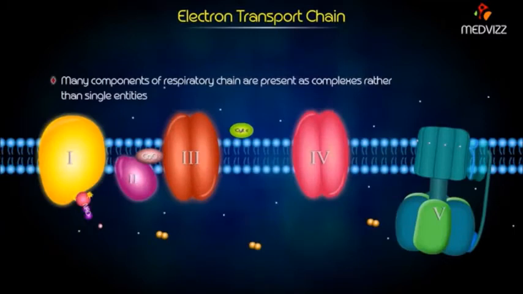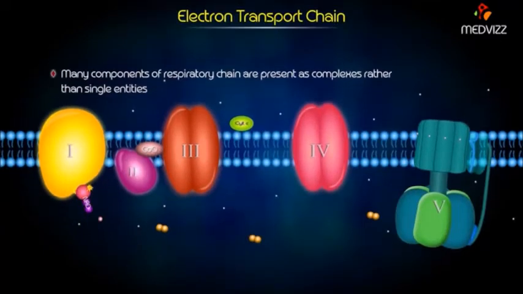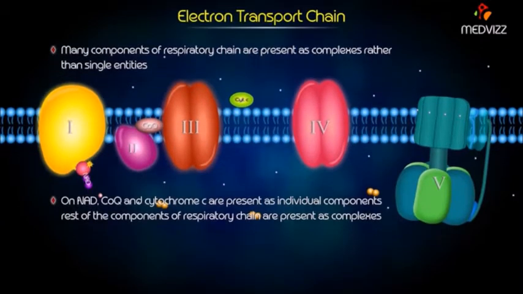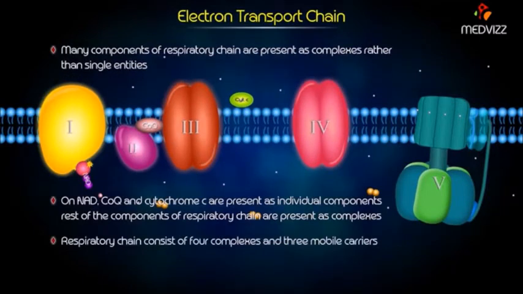Many components of the respiratory chain are present as complexes rather than single entities. NAD, coenzyme Q and cytochrome C are present as individual components, whereas the rest of the components of the respiratory chain are present as complexes. The respiratory chain consists of 4 complexes and 3 mobile carriers.